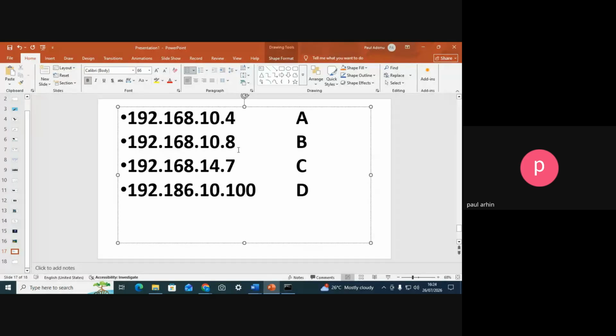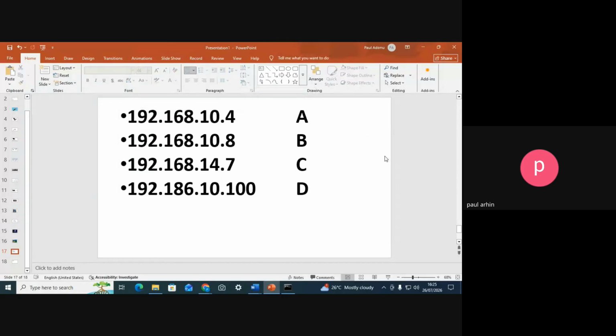For the host part, we can never expect it to be the same for all of them. Now, if they become the same, there's what we call IP conflicts. It will not work. So the only part of the IP address which should be different for them all should be the host part. The first three, because it's a class C, must remain the same for all of them.